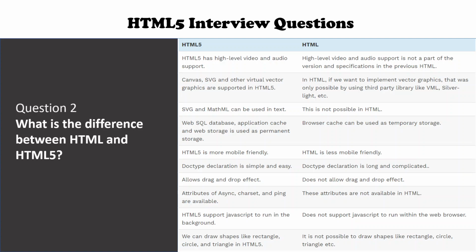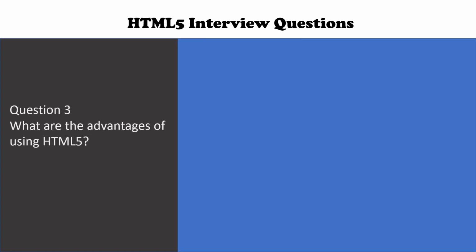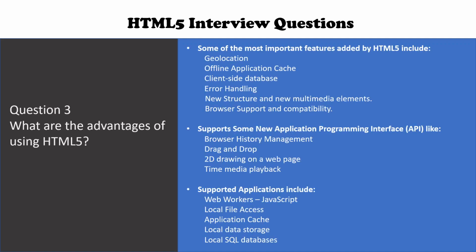Let's look into the next question. Our third question is, what are the advantages of using HTML5? Some of the most important features added by HTML5 are geolocation, offline application cache, client-side database, error handling, new semantic elements, new multimedia elements, browser support, and compatibility.